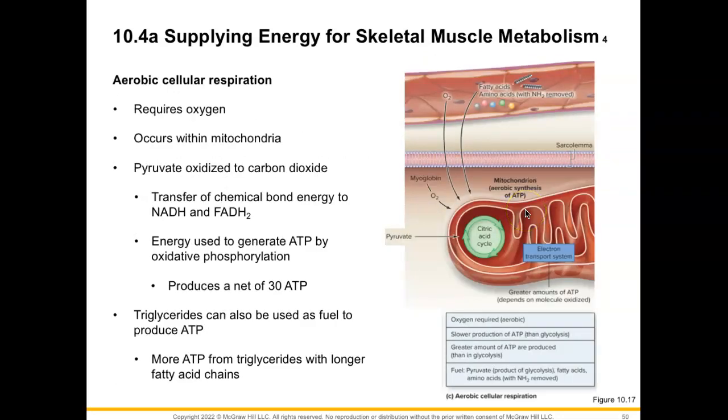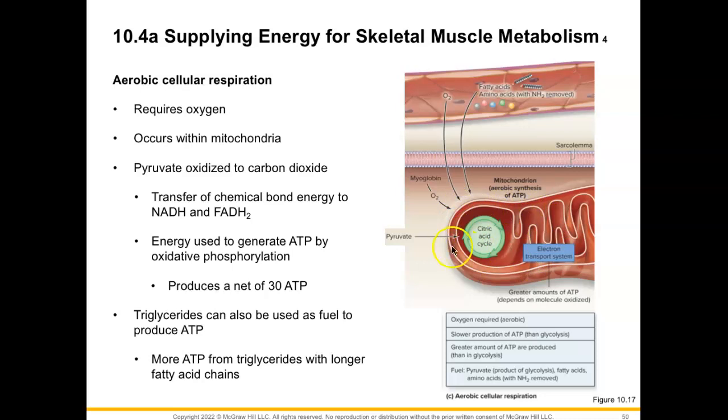And lastly, we have aerobic cellular respiration. Now this process does require oxygen, and we could see that coming from either our bloodstream or myoglobin, or we can even use fatty acids and amino acids if we need to. So this aerobic cellular respiration is now going to take place in our mitochondria.